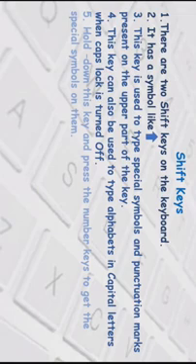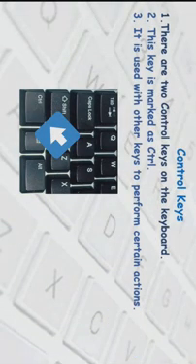Now, next is the control key combination. There are two control keys on the keyboard. Okay, this key is marked as CTRL. As you can see in the picture, CTRL is the control key on the keyboard. It is used with other keys to perform certain actions.